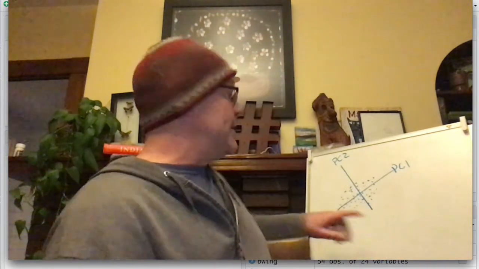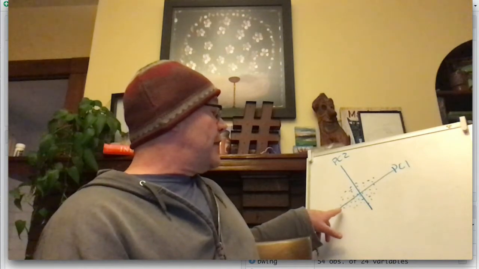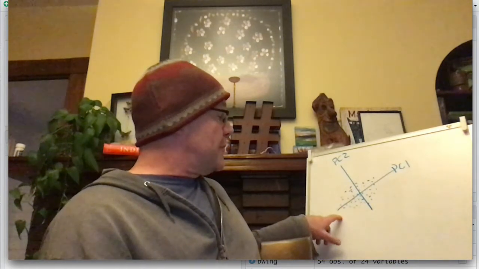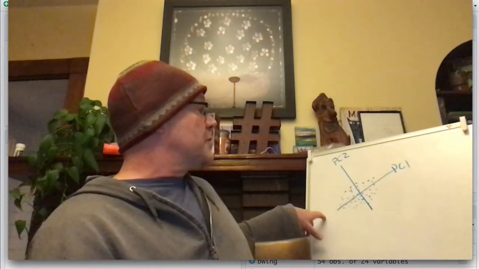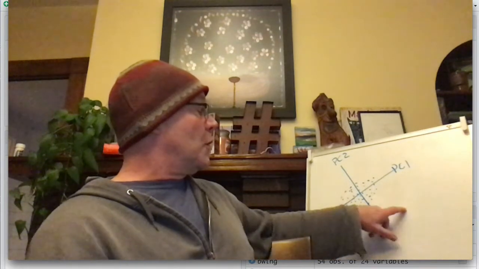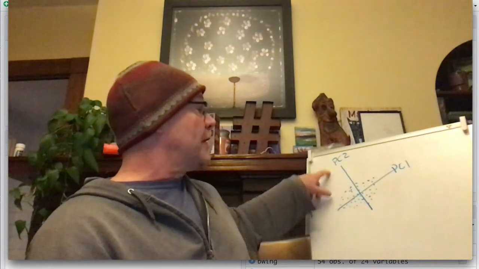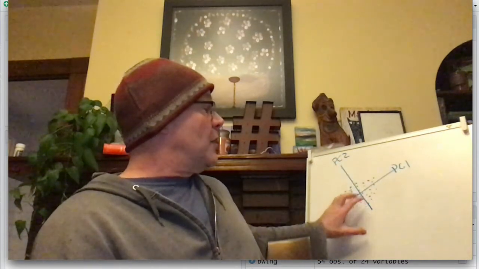And the point behind doing that is instead of saying, oh, we got variation for our original first variable and our second original variable, by doing this, we can now maybe say that principal component 1 is actually explaining maybe about 75% of the total variation, and principal component 2 is explaining 25% of the variation.